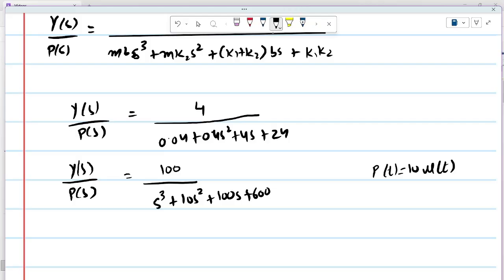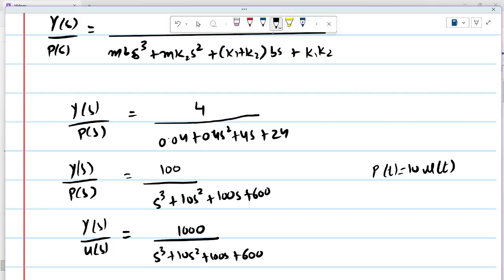So you can rewrite this transfer function as Y of s over U of s equals, just multiply by 1000 divided by s cube. The denominator remains the same, s square plus 100 s plus 600.